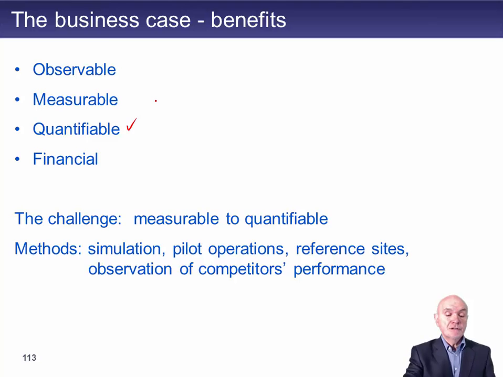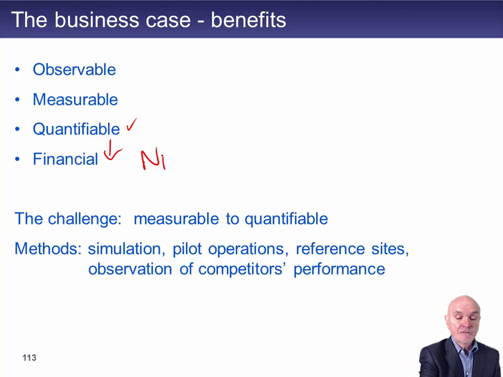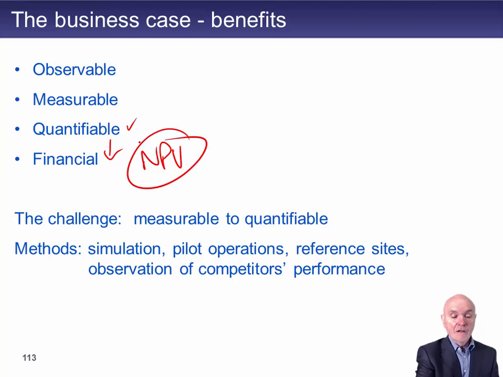And of course, once you're in the quantifiable area here, predicting the improvement, then it's a relatively short step to turn that quantity of sales into extra revenue. And this is where you really need to be for things like your net present value calculations, your cost versus your quantified financial benefits.